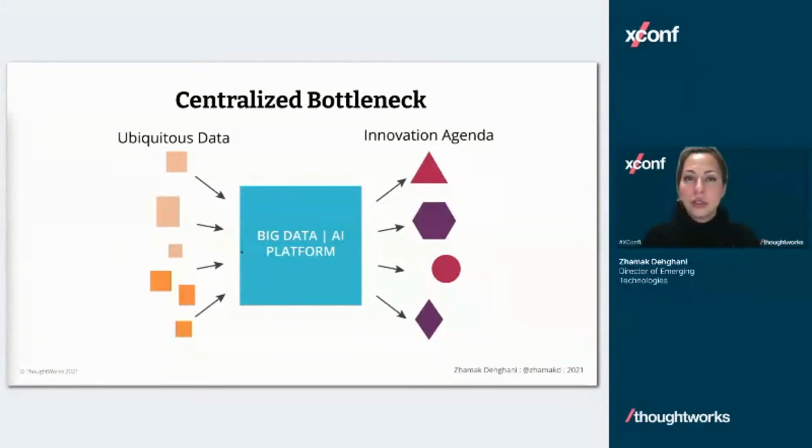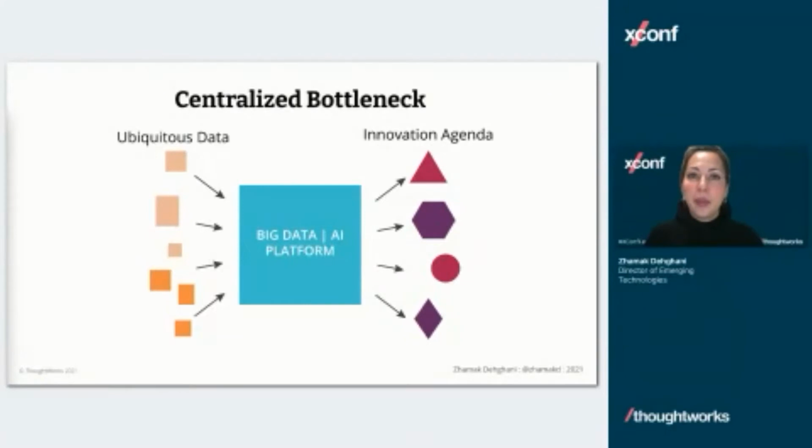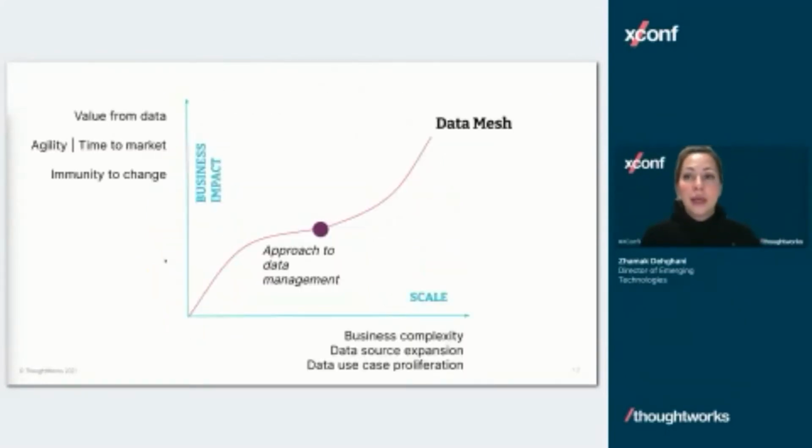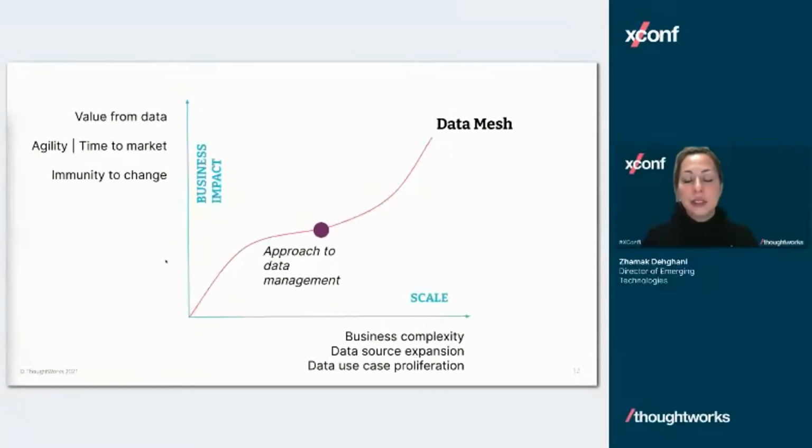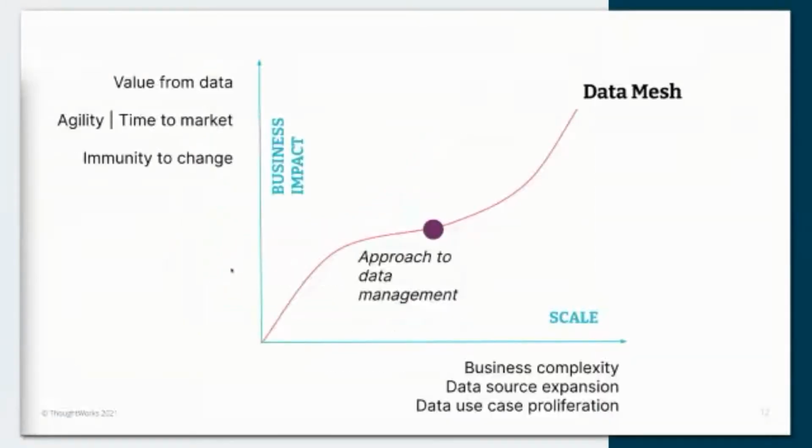I pulled a very simple example here, but you can see that this causes a bottleneck. This causes a lot of friction. If we imagine this purple point is where the reality sits today, we are at the point that scale is growing: business complexity, expansion of sources, proliferation of use cases.